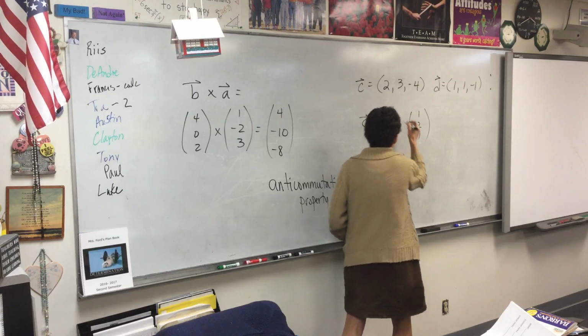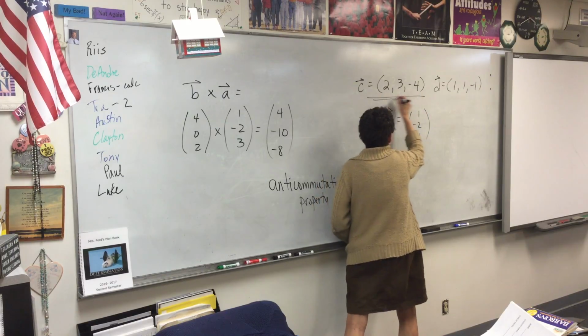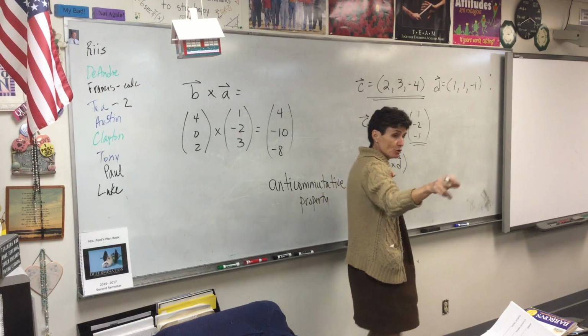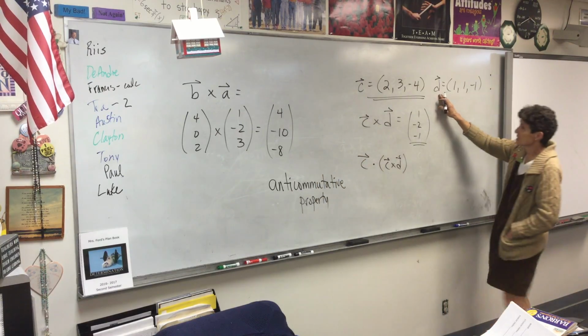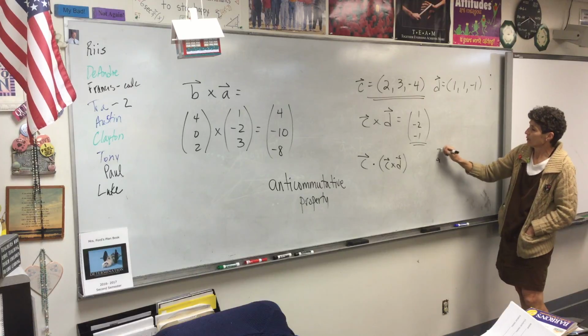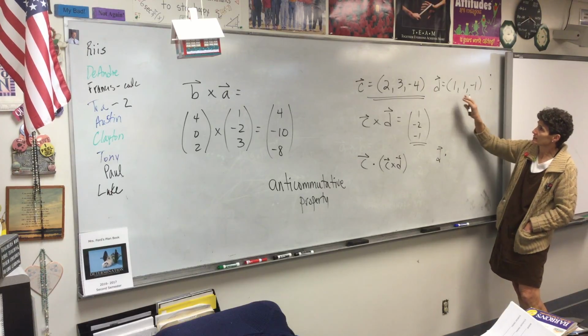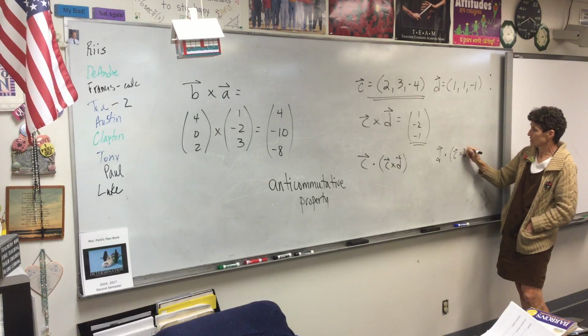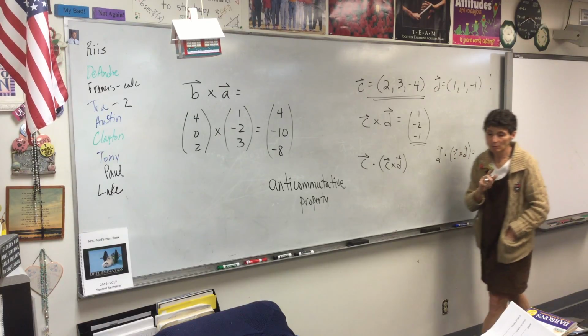I want you to find the dot product of this one and this one. You guys, I want you to do the same thing, but with vector D. Find the dot product of this vector and your new cross product vector.